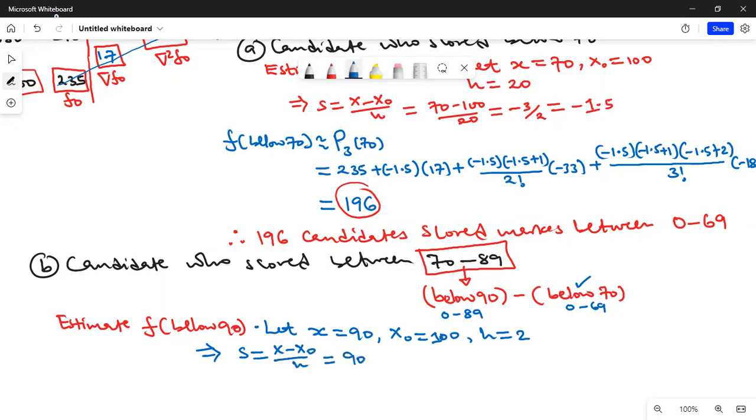That is 90 minus 100 over 20. Remember, it was 20, not 2. So that is negative 10 over 20, negative 1 over 2, which is negative 0.5. So in this case, only s changes to be negative 0.5.